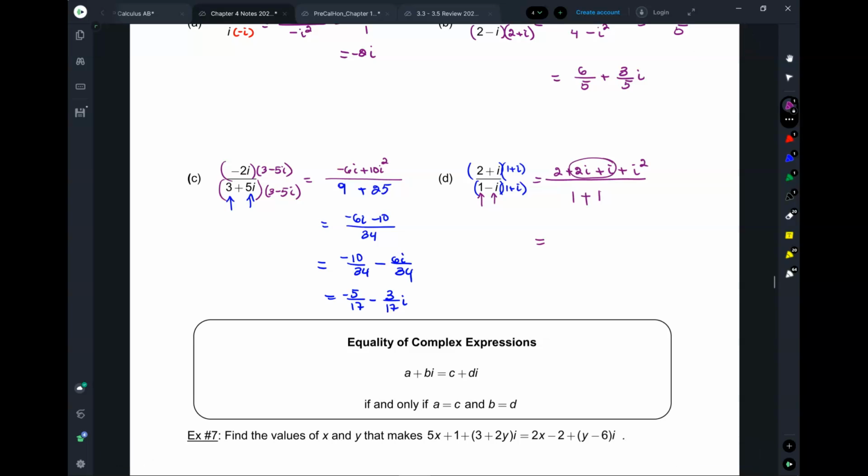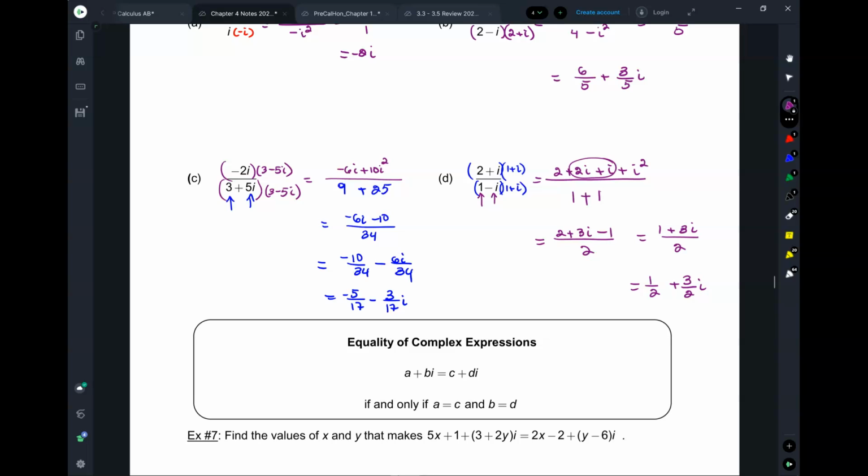That's going to give you 3i. And then what are these going to give you? Okay, so let's just do the whole thing. 2 plus 3i minus 1 over 2. 1 plus 3i over 2. A half plus 3 over 2i. Cool?